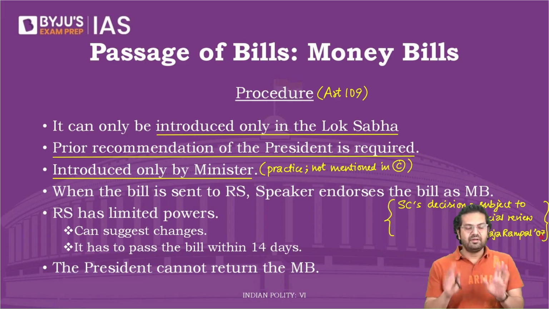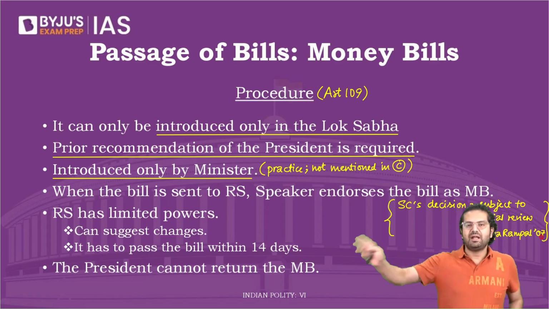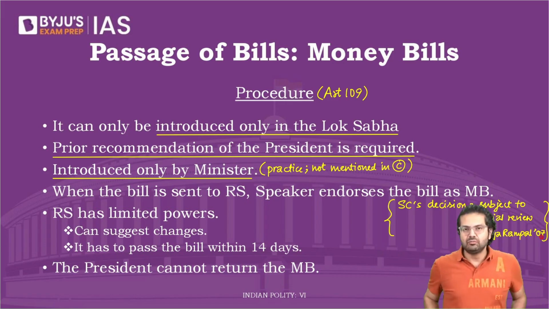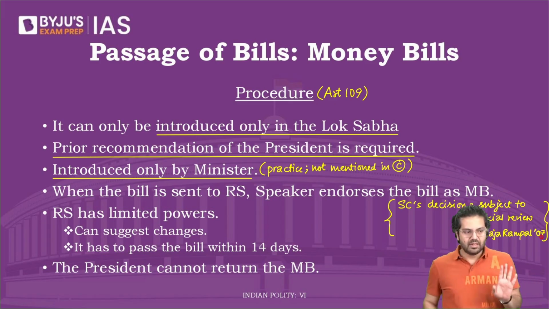Now comes the real catch here. When the speaker signs that this is a money bill and the bill is sent to the Rajya Sabha, what can Rajya Sabha do? Nothing. Rajya Sabha can do nothing. Clear?